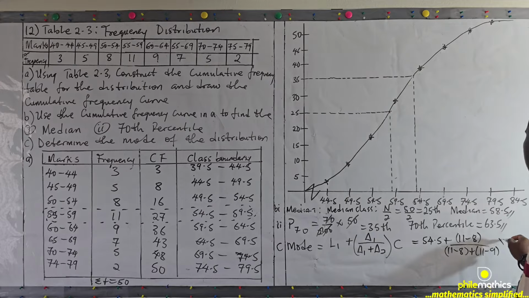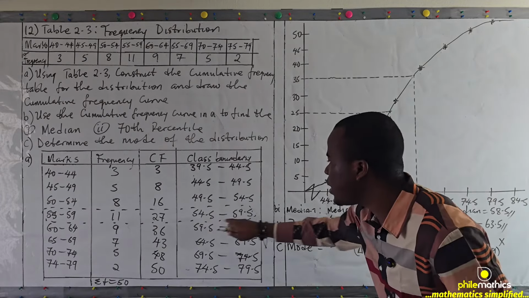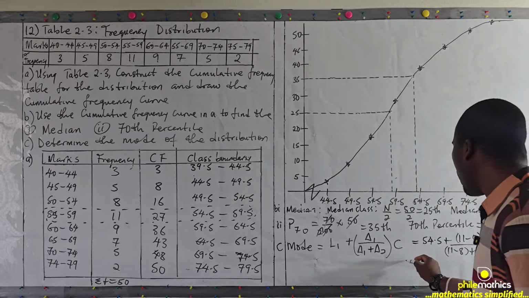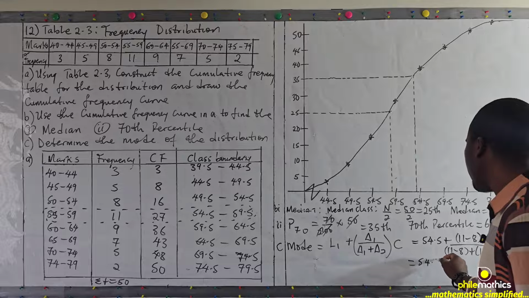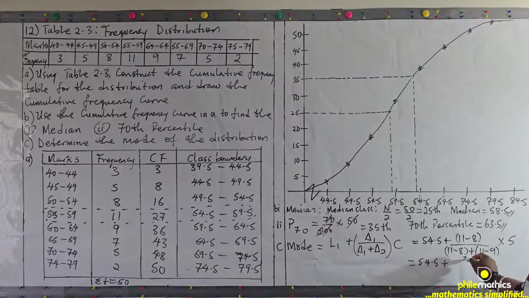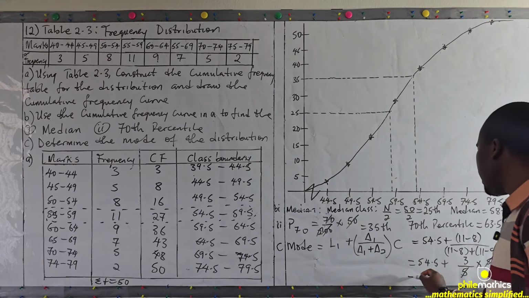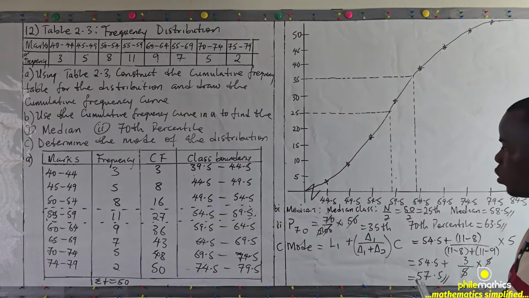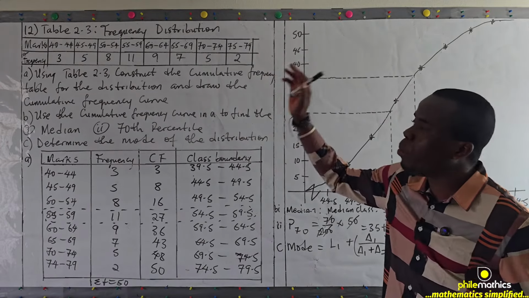And then we multiply this by C. C is the class interval. The difference between this and this is simply 5. So if we simplify this, we'll have 54.5 plus 11 minus 8 is 3, over 3 plus 2 is 5, times 5. So if we add this, this is simply 57.5. This is the mode of this problem.